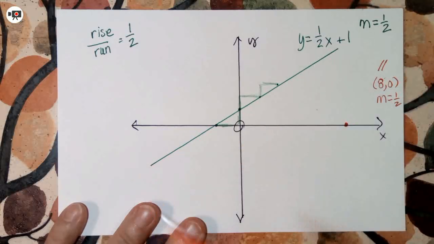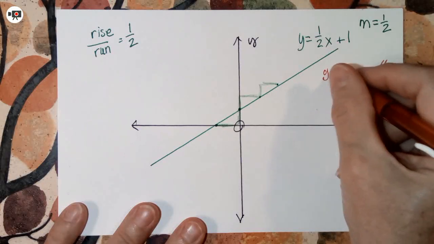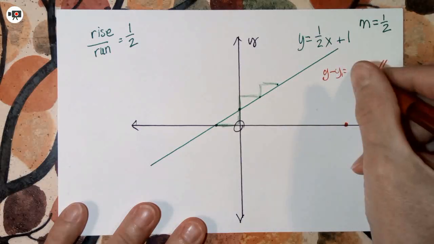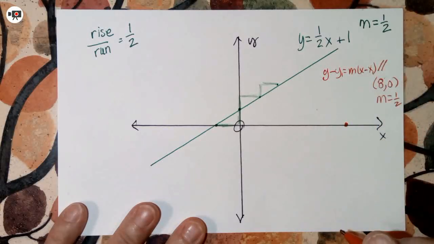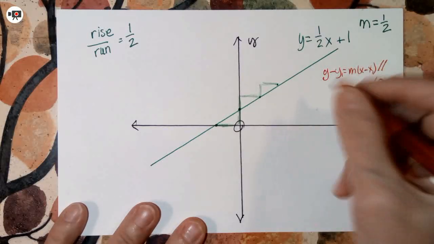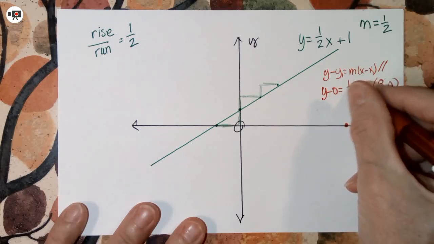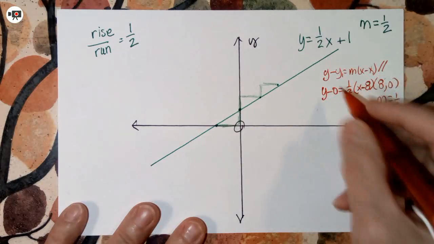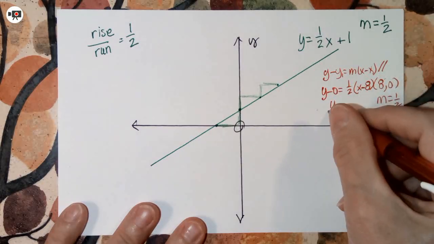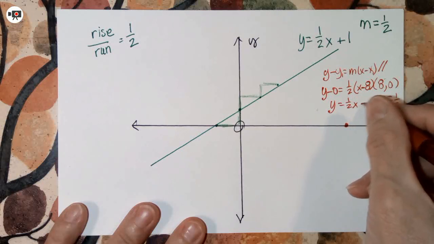Okay, just a reminder, point-slope form is going to be y minus y sub 1 equals m times x minus x sub 1. Okay, we'll substitute that in, and we'll get y minus 0 equals 1/2 of x minus 8. Or when you simplify it, you'll get y equals 1/2 x minus 4.